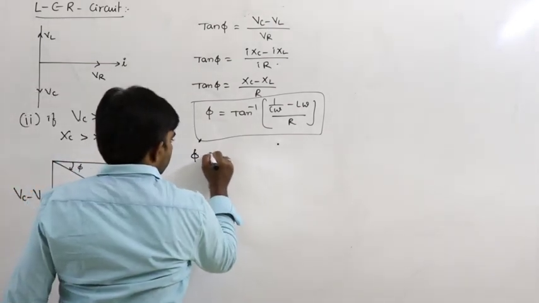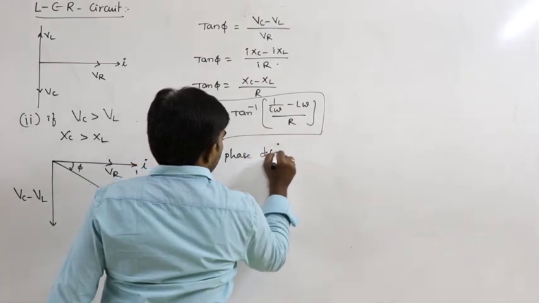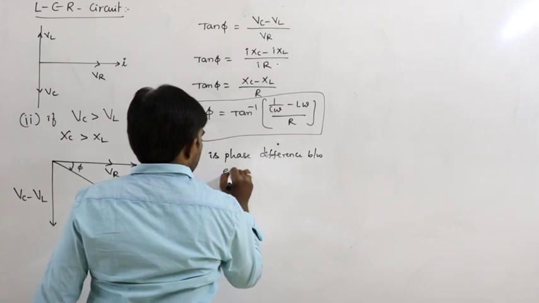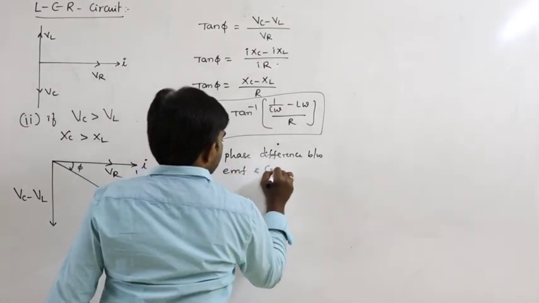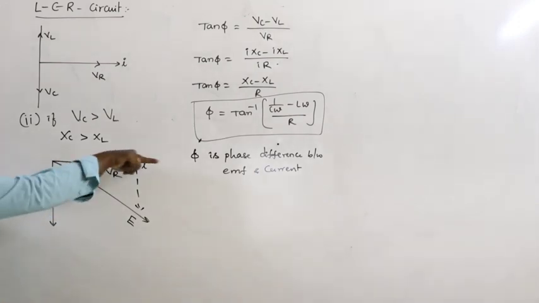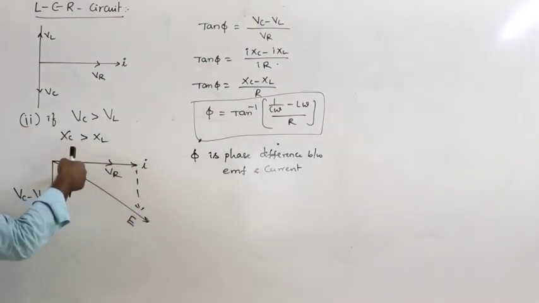What is phi here? Phi is the phase difference between EMF and current. And which one leads here? This is the direction of the current and this is the direction of the EMF, and this one is phi.